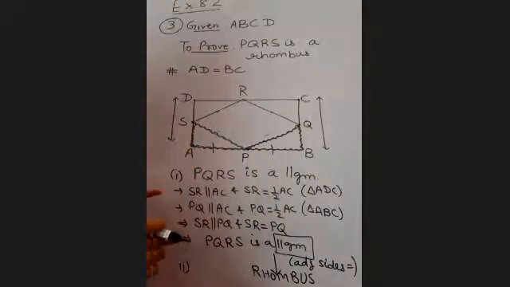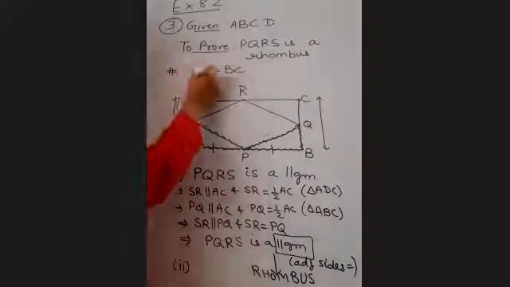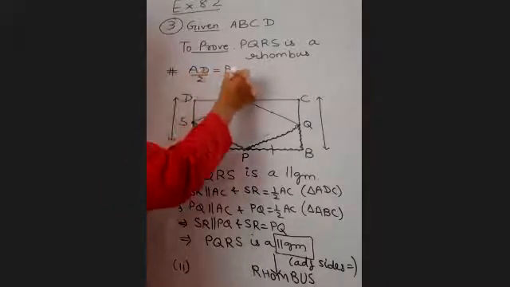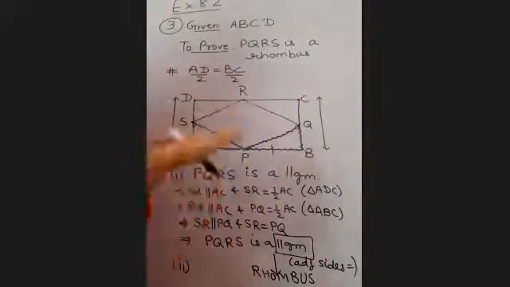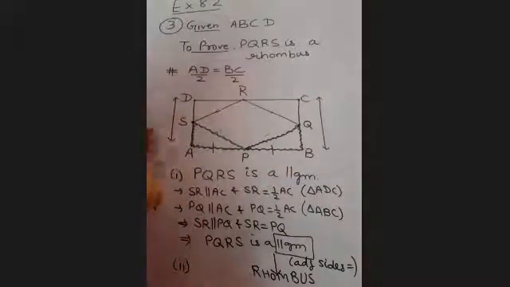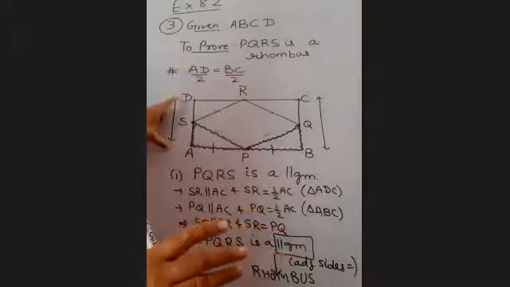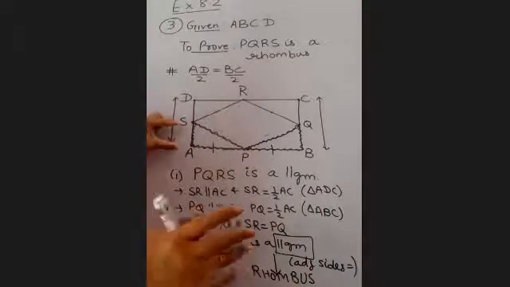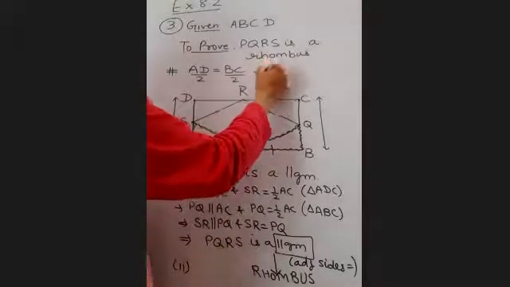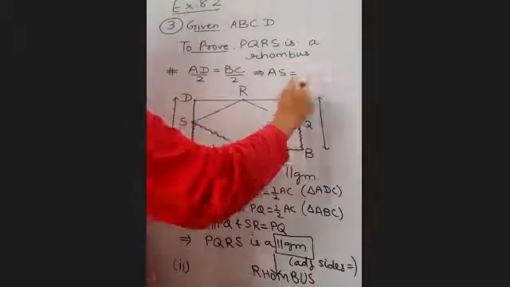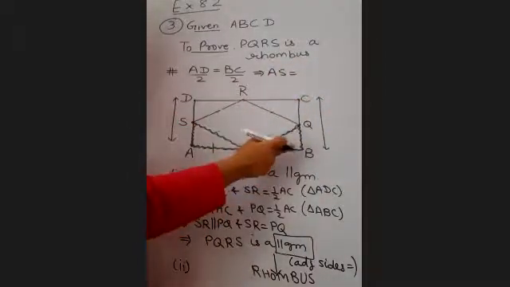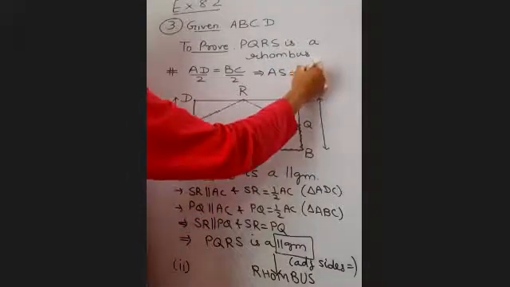Now, since opposite sides of a rectangle are equal, will their halves also be equal? Yes. Now, what is half of AD? SA. And what is half of BC? BQ.